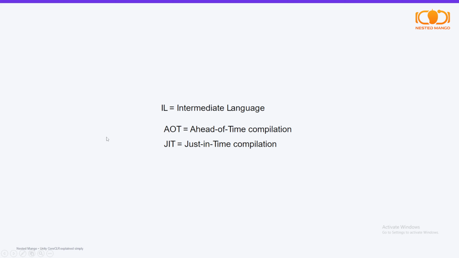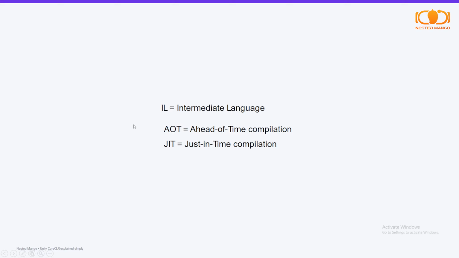Let's suppose you have a book. One book is in Hindi, and if I give you that book to convert the whole book into English, that is called AOT. We will understand how it works in Unity, but first understand what AOT is.